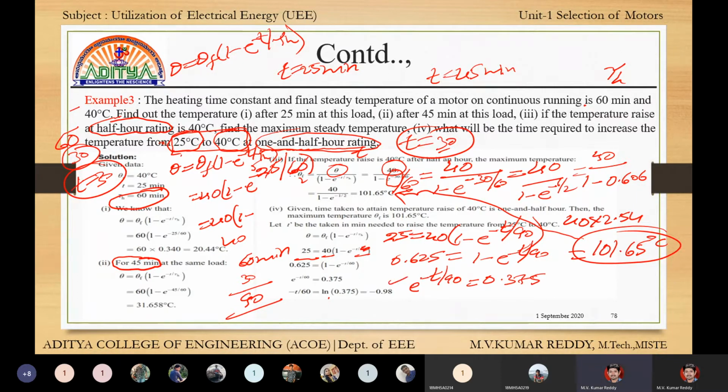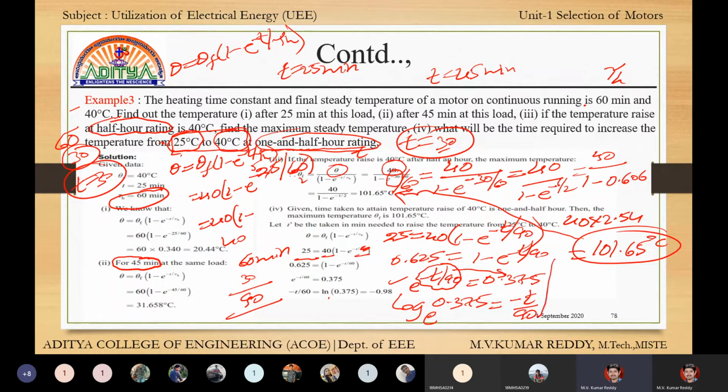It is in exponential form, so convert it into logarithm form. This term goes to the right-hand side and the right-side term comes here. That means log e of 0.375 is equal to minus t by 90.